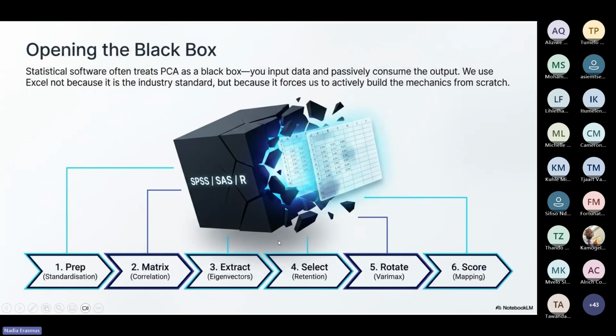Good. Okay, then we're going to use it, and then after that, you're not going to use it for Varimax or mapping yet. You can use it next year or in BDAN, but we're going to do step 1 to 4 basically. So we're going to get the standardization form, we're going to get the matrix, we're going to extract the eigenvectors, and we're going to get the retention or the selection.